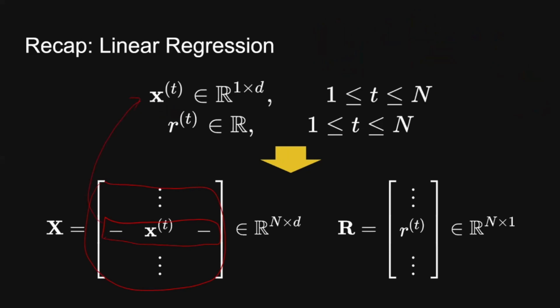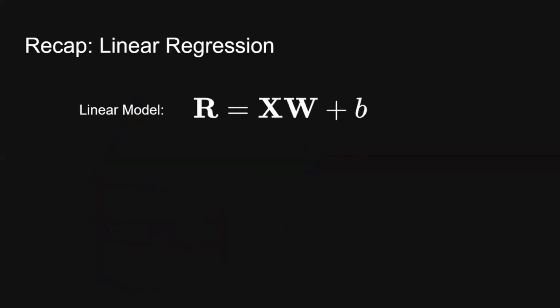As a result, the feature matrix has a shape of n by d, where n is the number of data and d is the dimensionality of the features. We also have a vector for the response variables. It's an n-dimensional vector where each component represents the value that we're interested in predicting. That's the convention that we'll be using.